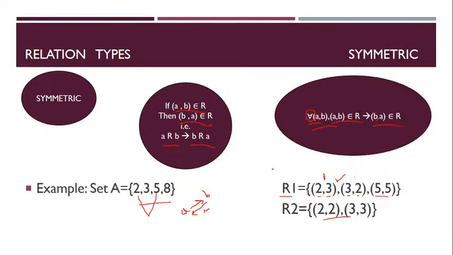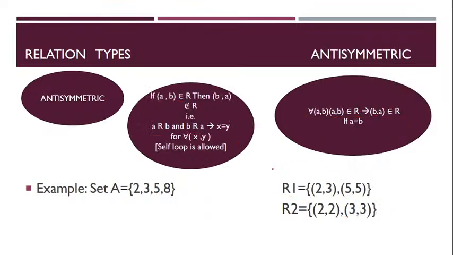So this is symmetric. Then antisymmetric. Look, sometimes we think of it as the reverse of symmetric, but actually only one thing is different there. Clear that thing, and then I'll comment about this.